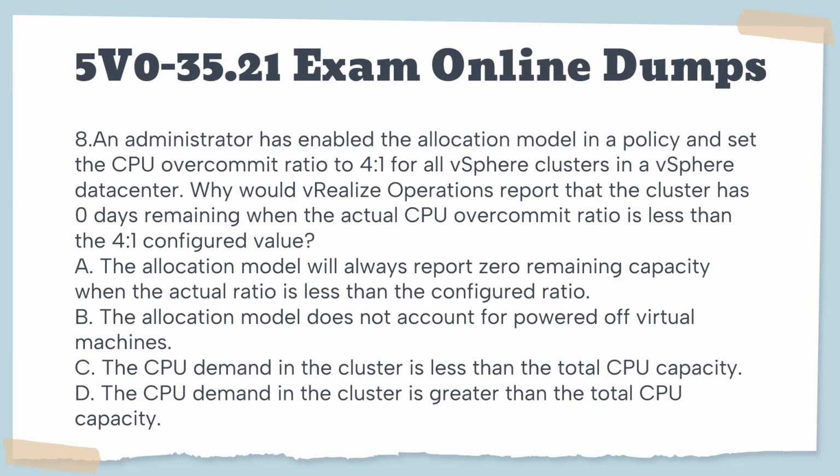A. The allocation model will always report 0 remaining capacity when the actual ratio is less than the configured ratio. B. The allocation model does not account for powered-off virtual machines. C. The CPU demand in the cluster is less than the total CPU capacity. D. The CPU demand in the cluster is greater than the total CPU capacity.